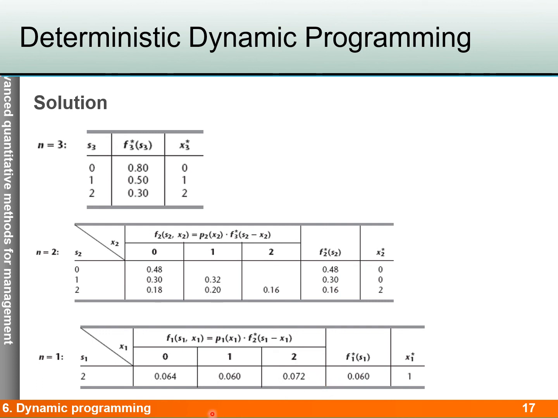So among these elements, again, which one is minimum? It's 0.060. So the minimum probability of failure after adding 2 scientists to these 3 research teams is now 0.06.